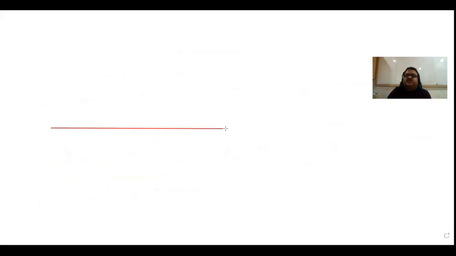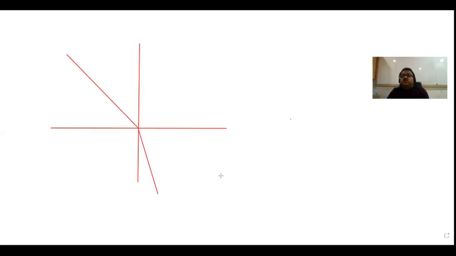Suppose this is the surface of separation of two media, and a light comes like this. For example, it falls like this, and then let me draw a normal so you can understand this better. And suppose the light goes like this.